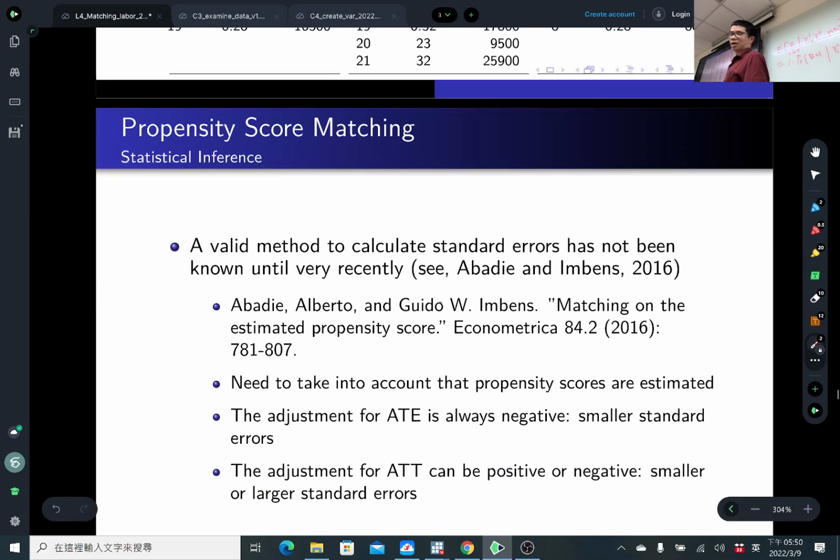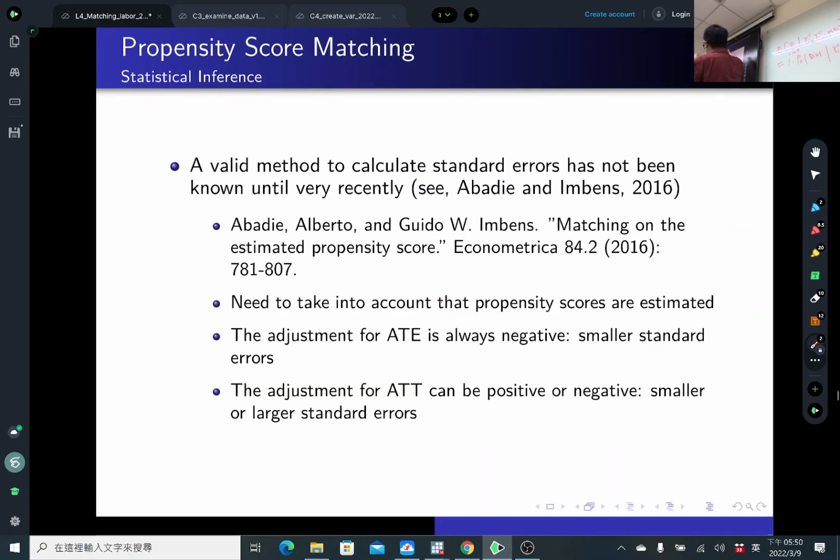And actually, this is very hard math. These questions were not solved until very recently, until 2019. Imbens is last year's Nobel winner, and Abadie is actually from political science or public policy.